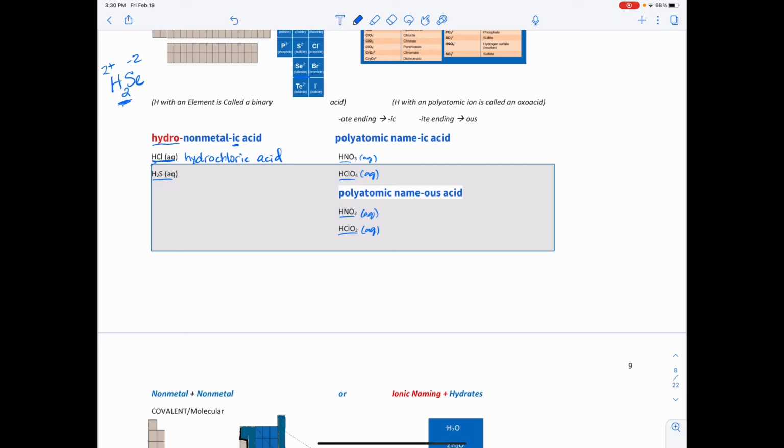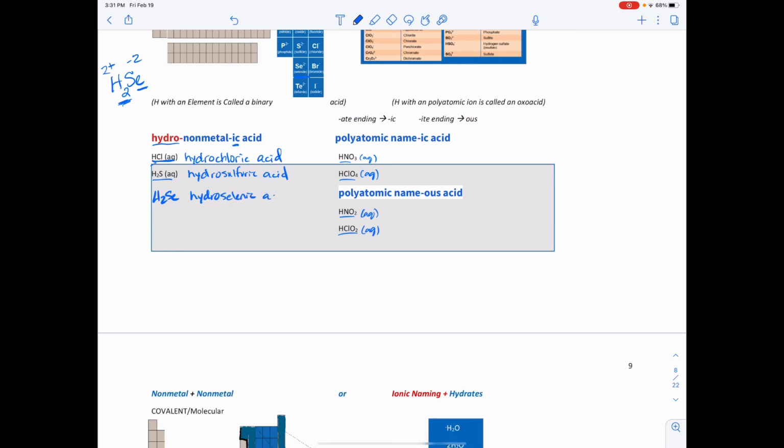So pause the video for a minute and see if you can figure out what H2S would be. Hydrosulfuric acid. And then look at H2Se. Hydro, this is selenium.